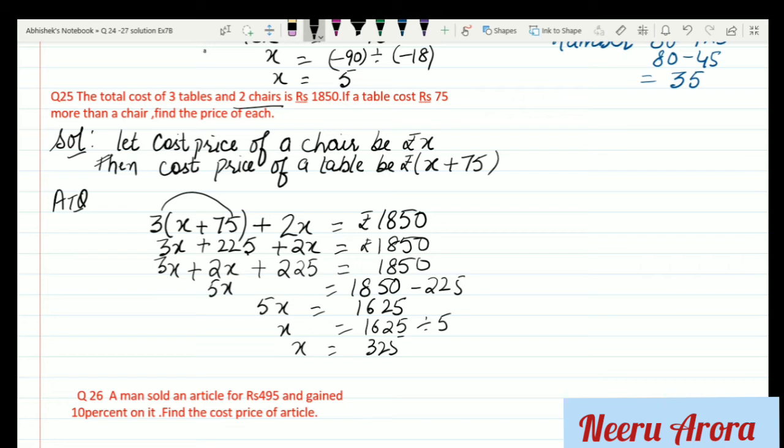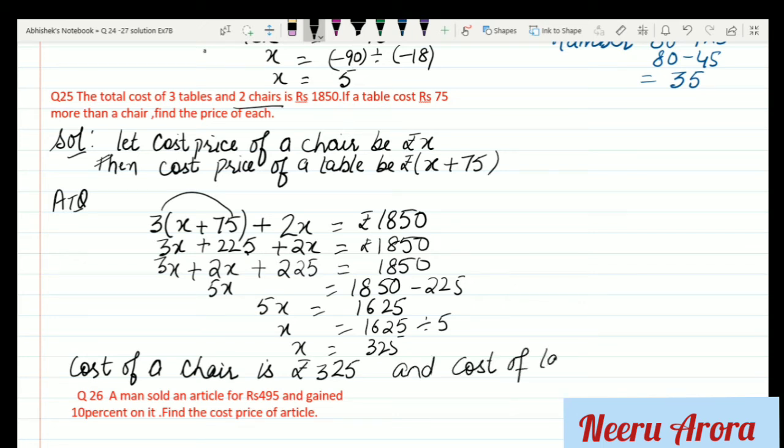So we can say the cost of a chair is rupees 325, and the cost of a table is equal to 325 plus 75. So that is equal to 400 rupees.